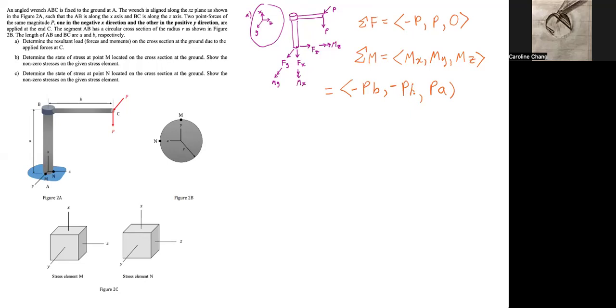It'll be Pb because we're rotating in this direction and the r length will be this b value. So please double check your answers. And yes, we have our moment vector now. So we have thus solved for the resultant loads on the cross section at the ground due to the applied forces at C. And now we can move on to part B.